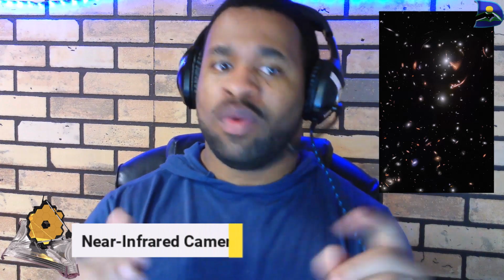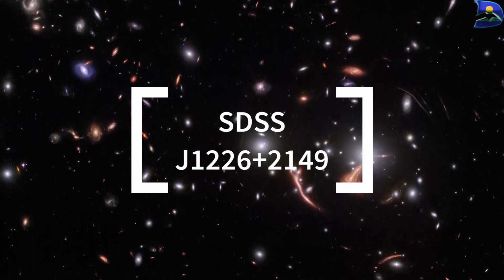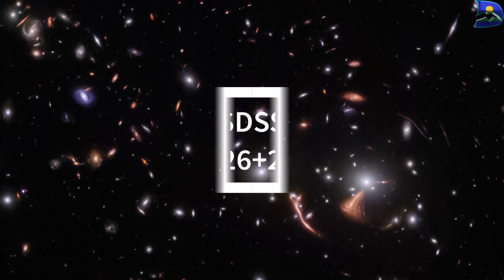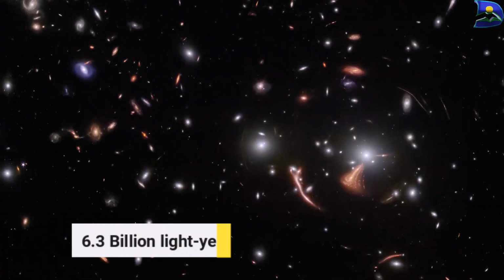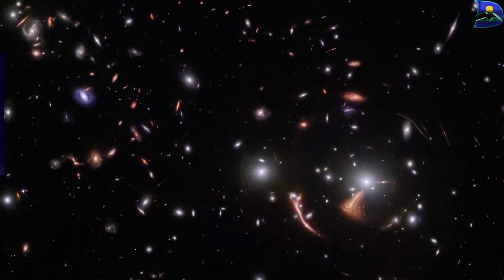This particular image is gotten from the James Webb Telescope, looking at the location SDSS J1226+2149, and this galaxy cluster has a lot of rich stars in there, and these stars are really brightly seen from various angles. Specifically, the distance here is around 6.3 billion light years away from Earth, and this is in the constellation of Coma Berenices.